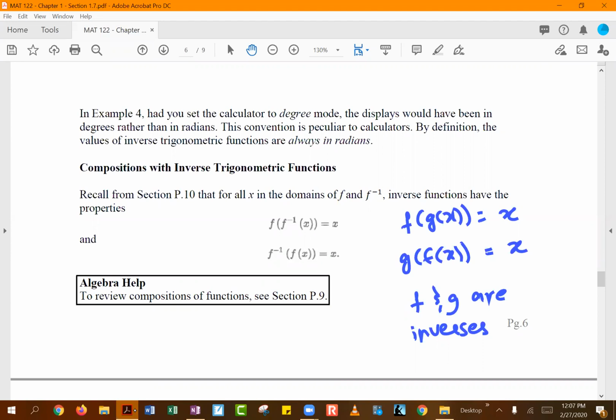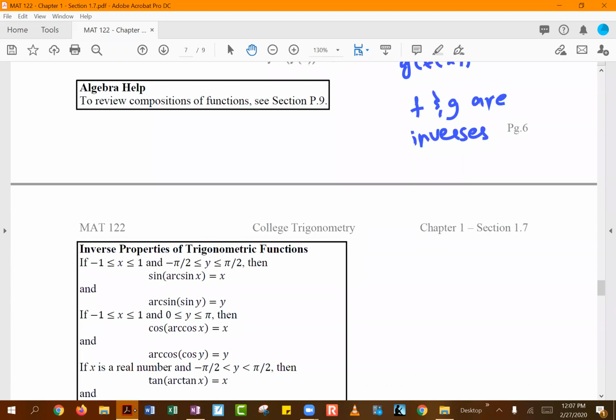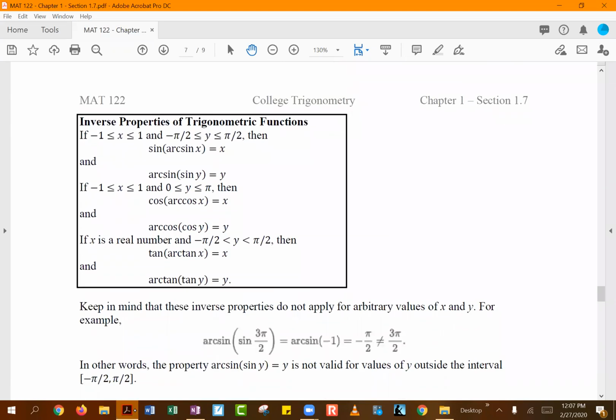So you can review your section P10 here, or of course you can review your notes from college algebra if you like. This is what I was showing you earlier to remember the relationship between arcsine and the sine function. Your x values are restricted between -1 and +1.